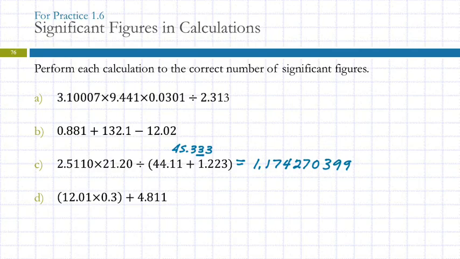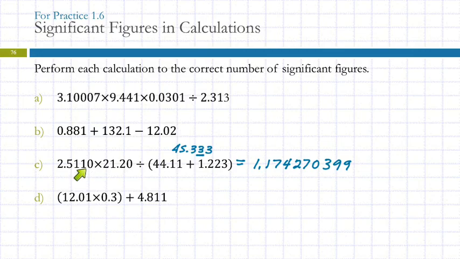Okay? Then in my calculator, I took this number and that number and did multiplication and division. Those use the same rule, and so we can lump them all together. There we're looking for the number with the fewest number of significant figures. So how many sig figs in 2.5110? 4.